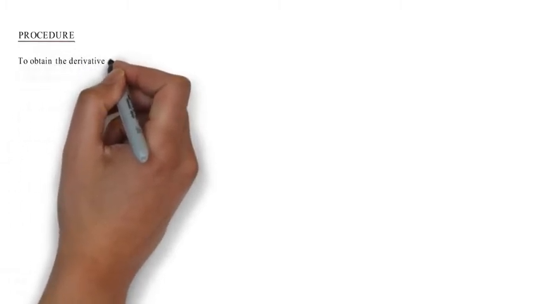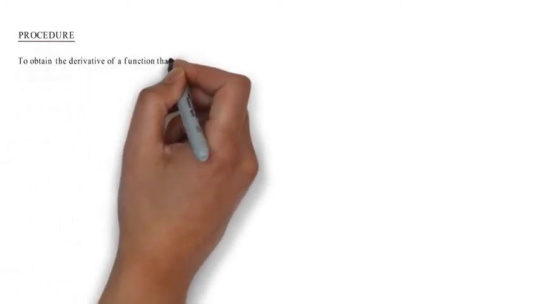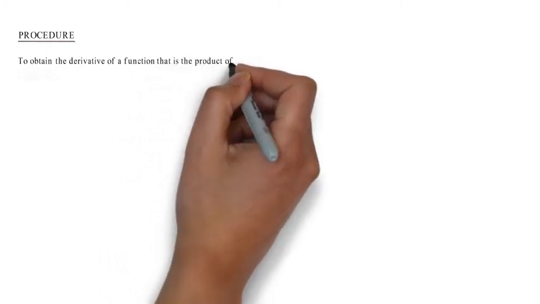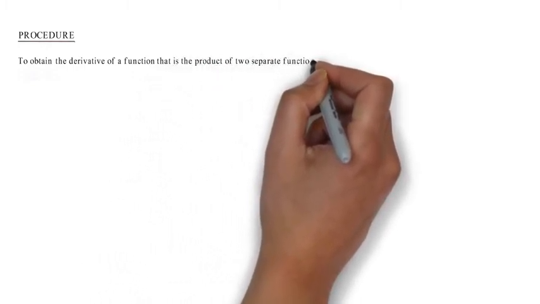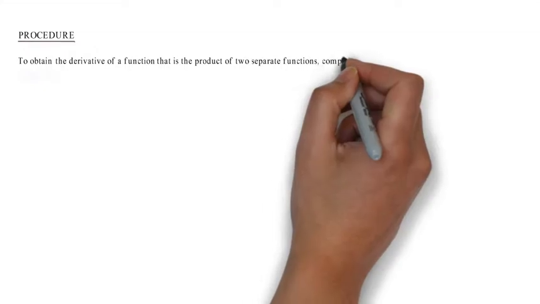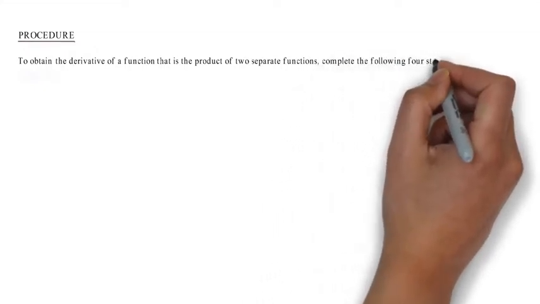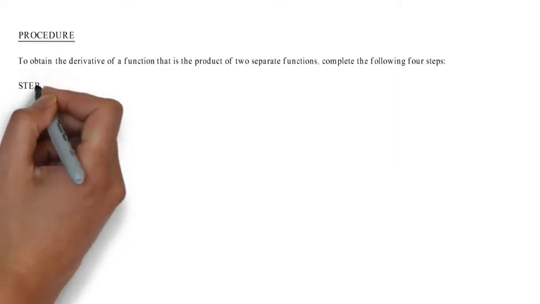Procedure. To obtain the derivative of a function that is the product of 2 separate functions, complete the following 4 steps. Step 1.